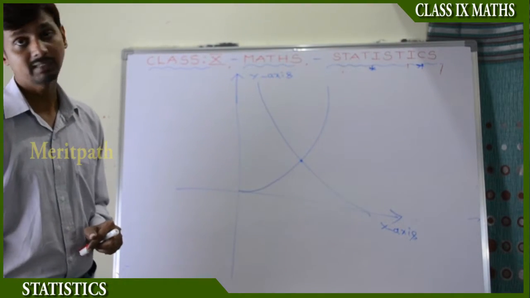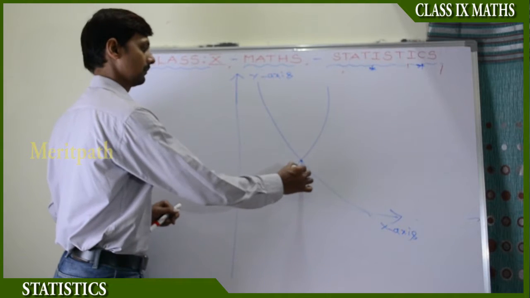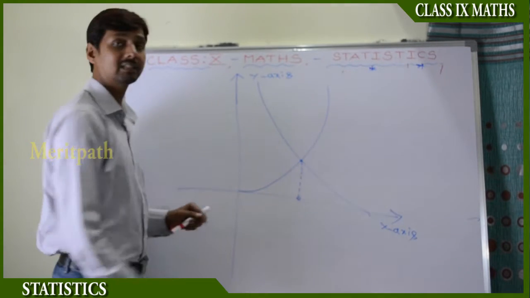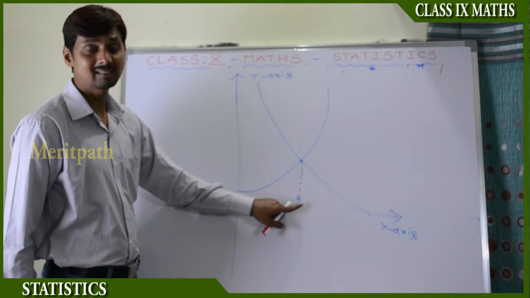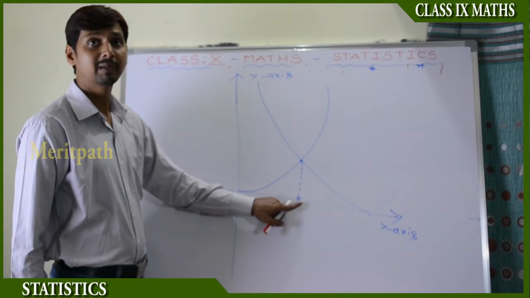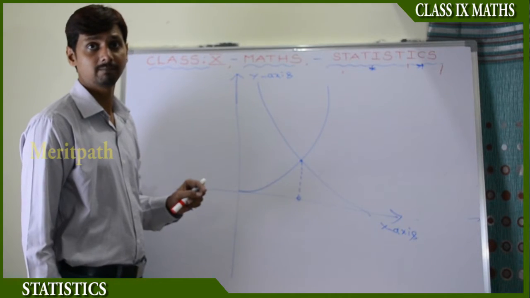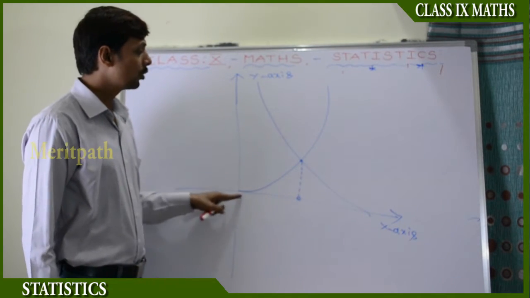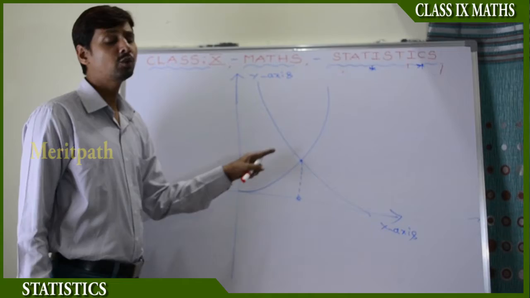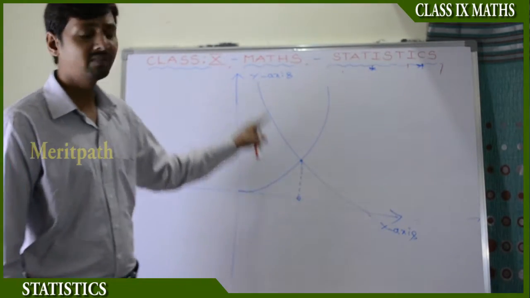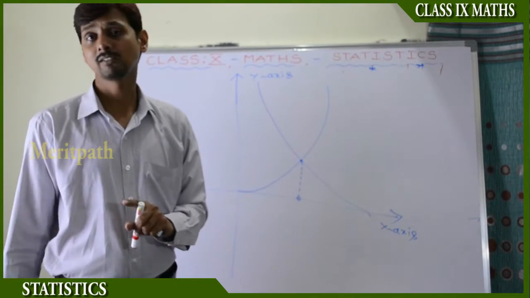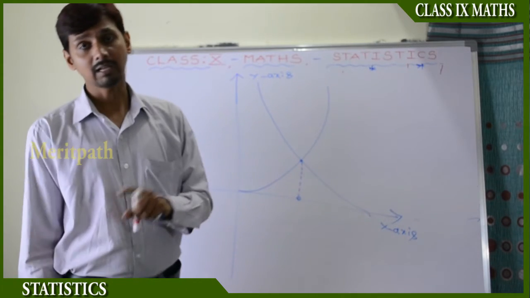That is the median of the class. When we plot this point on the x-axis, this is called the median of all this group data. So the less than cumulative frequency curve and the greater than cumulative frequency curve together are called the ogive curve.